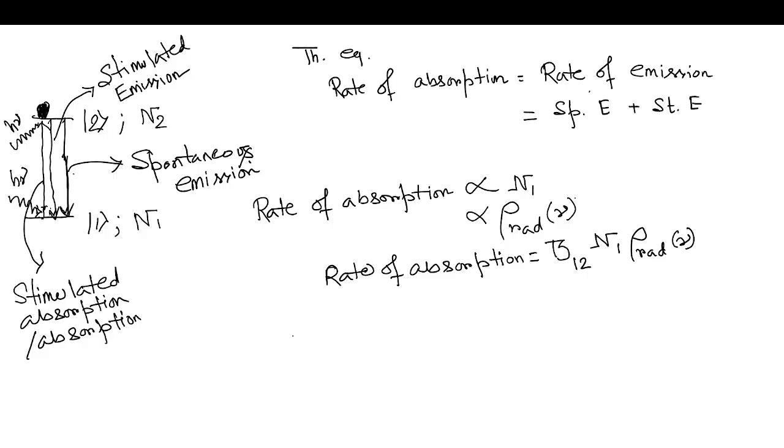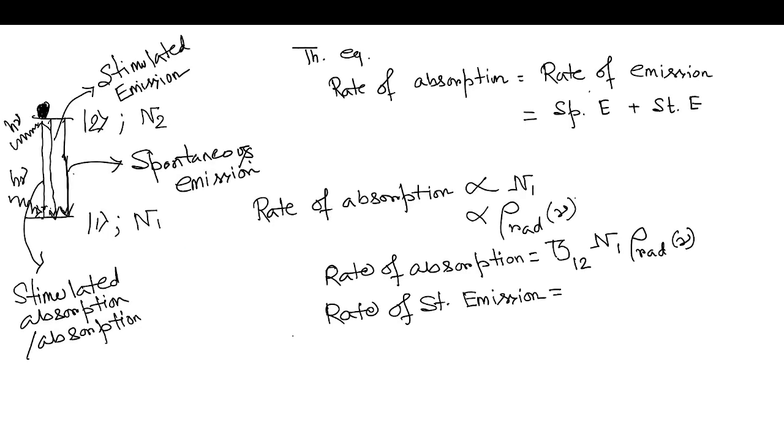Now similarly we can write the rate of stimulated emission, which depends on B2 to 1, the number of particles or molecules, and the radiation density. In the case of spontaneous emission, it doesn't depend on the radiation.